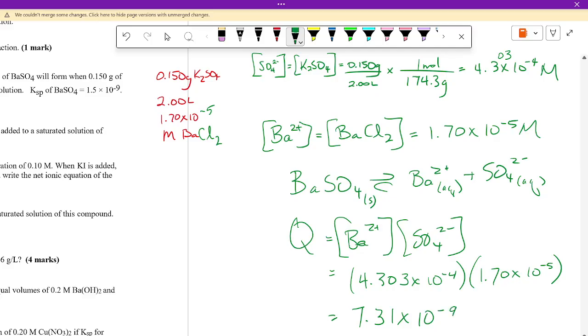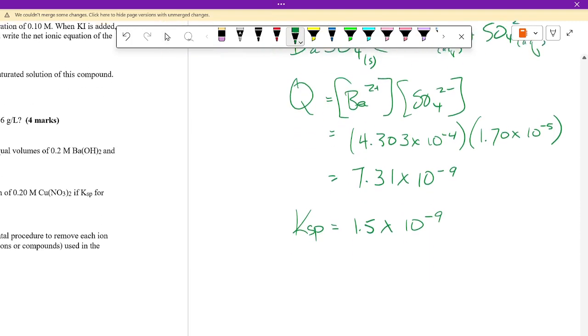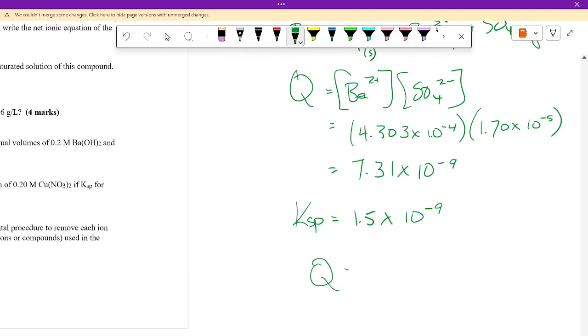And if the KSP is 1.5 times 10 to the negative 9, then Q is greater than KSP, therefore a precipitate will form.